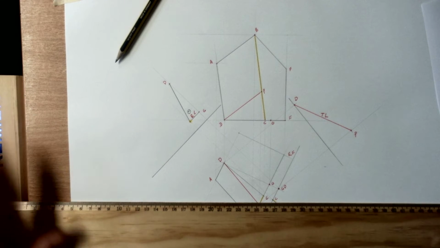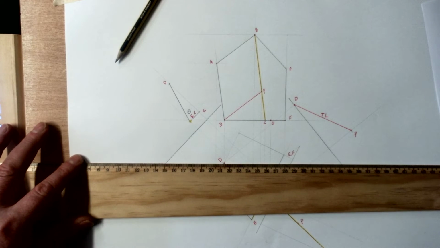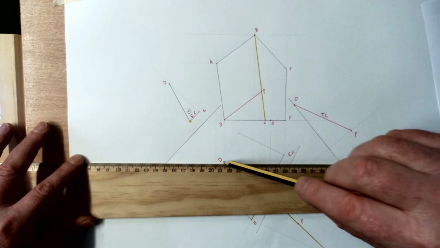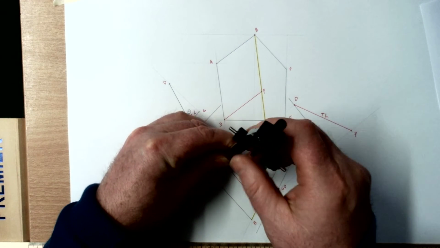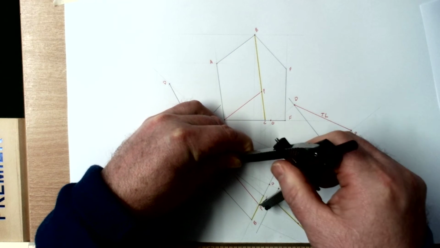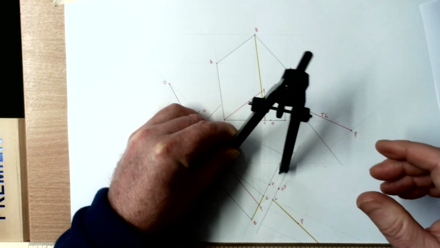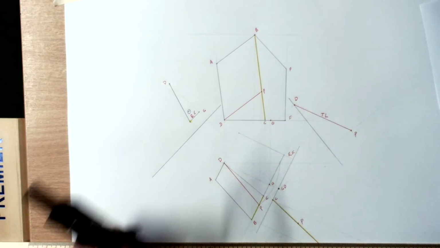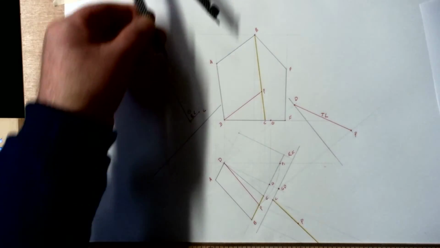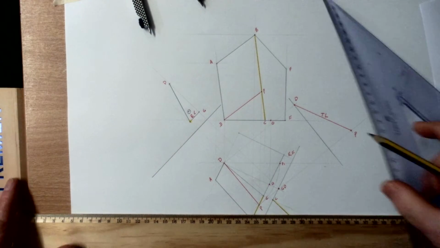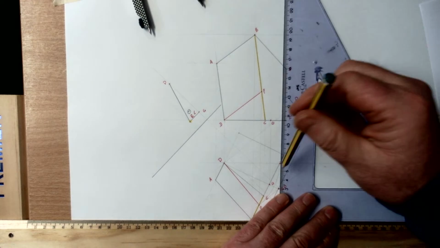I kind of do myself. So if I wanted to do it by rotation, I would just take a horizontal line from D and rotate P up to here. So I'm going to call that P1. Projecting that up to the elevation, the height stays the same.